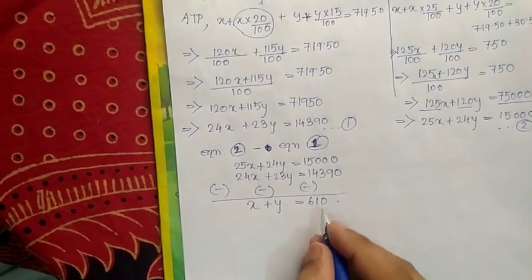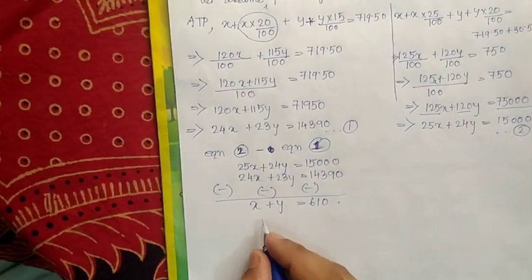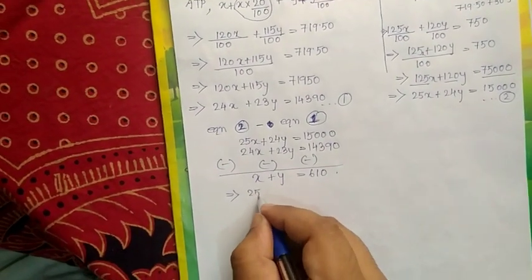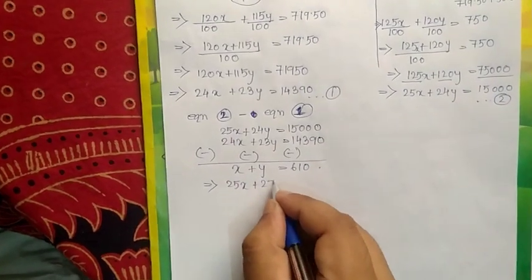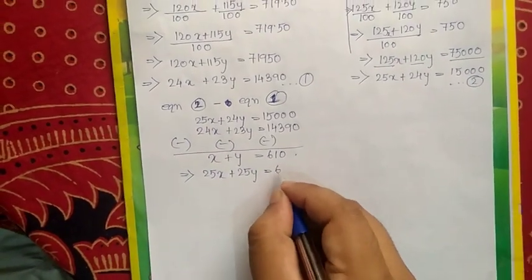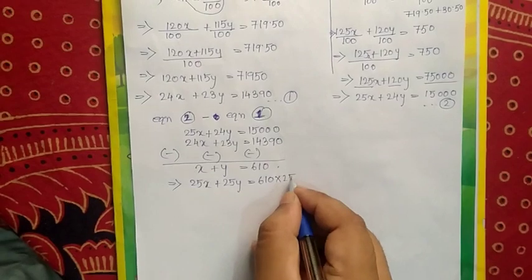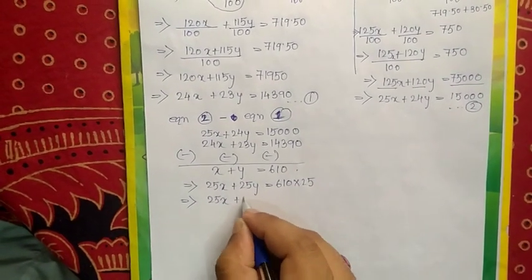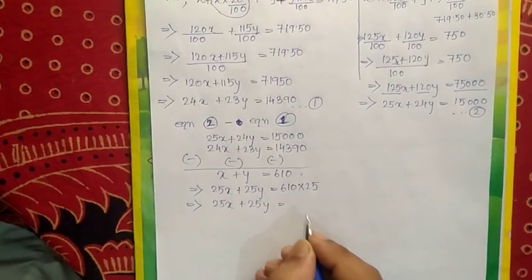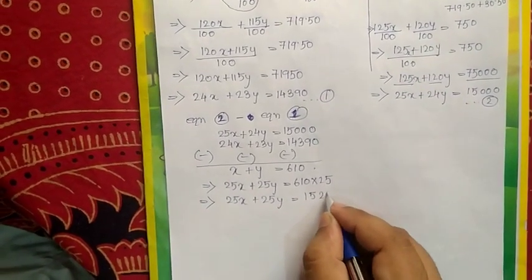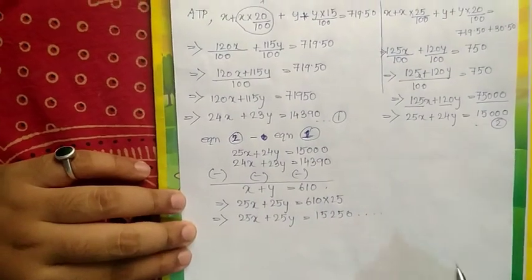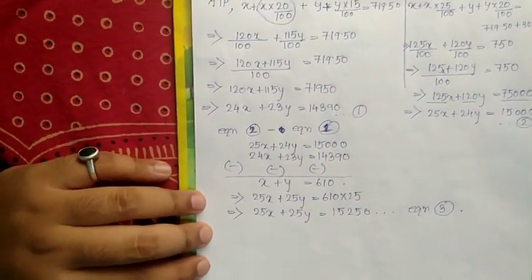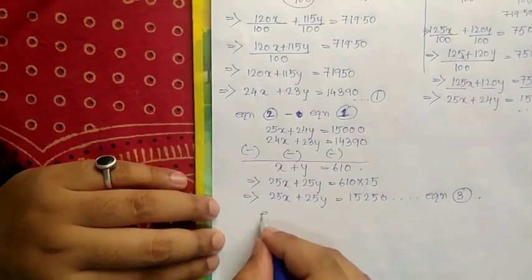So after getting 610 we have to multiply it by 25. Therefore we get 25x plus 25y equal to 610 into 25, which is 15250. This is equation number 3. Now we can use the elimination method.